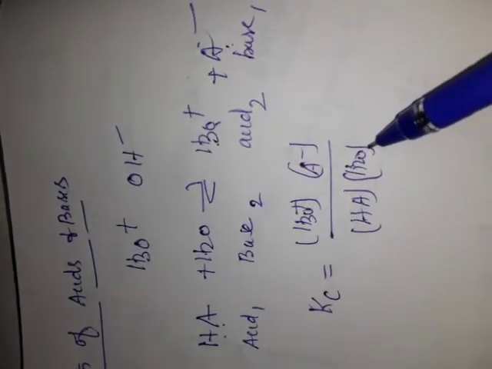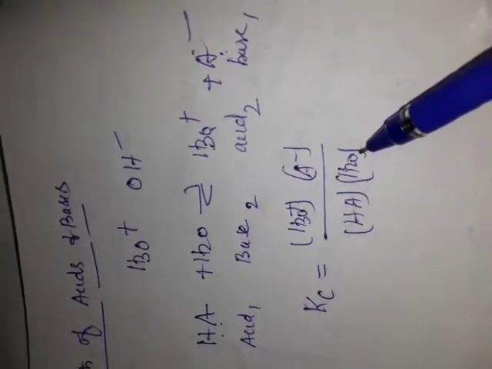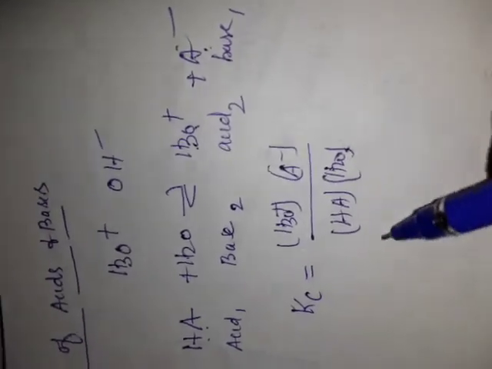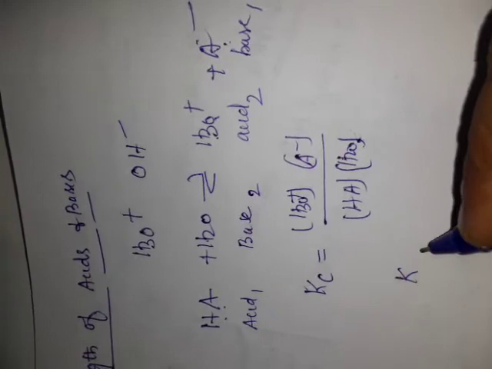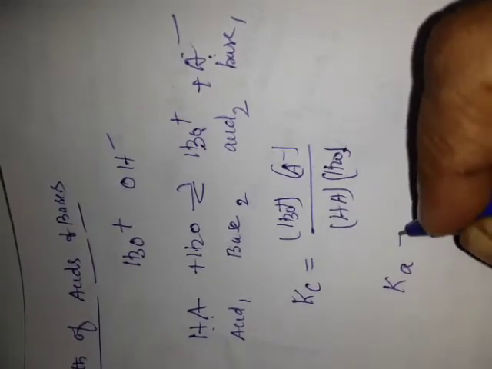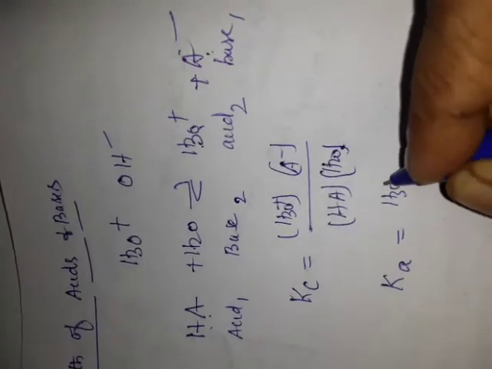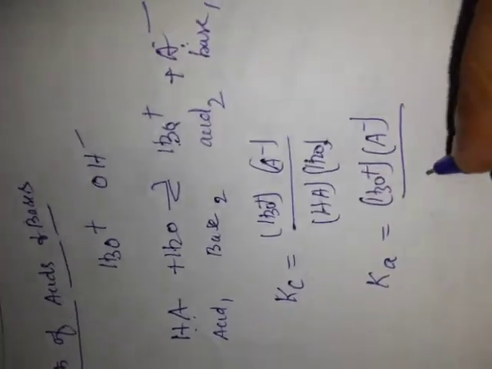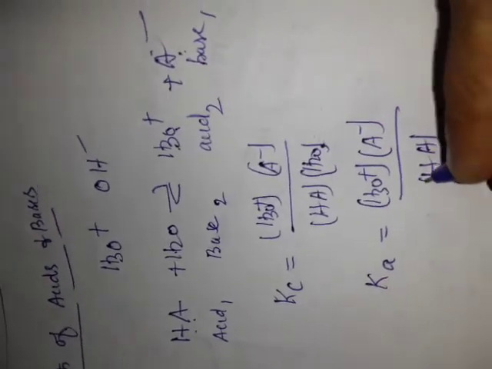Here we can omit the concentration of water because it is in large excess. So the ionization constant of the acid, Ka, is equal to H3O+ concentration times A- concentration divided by HA concentration.